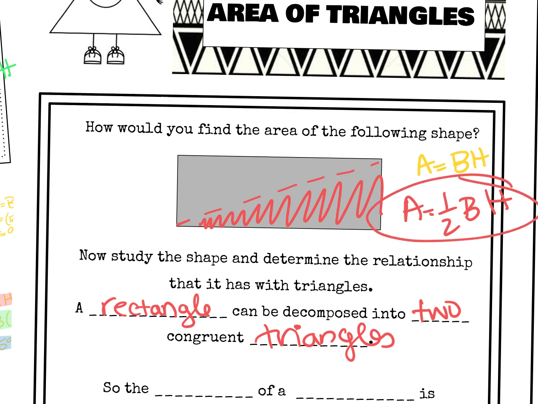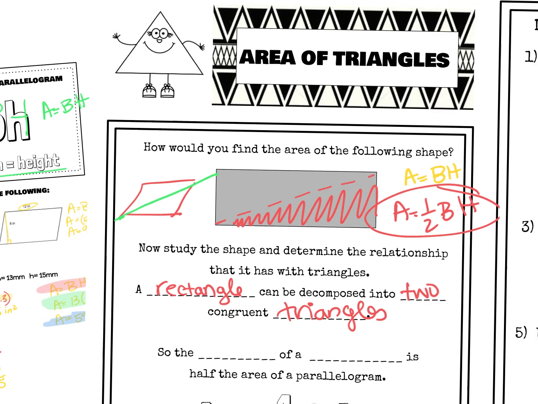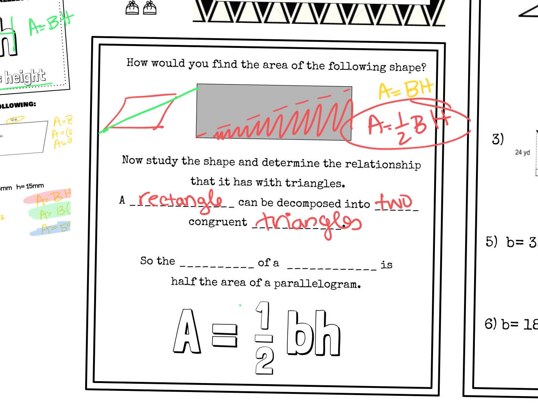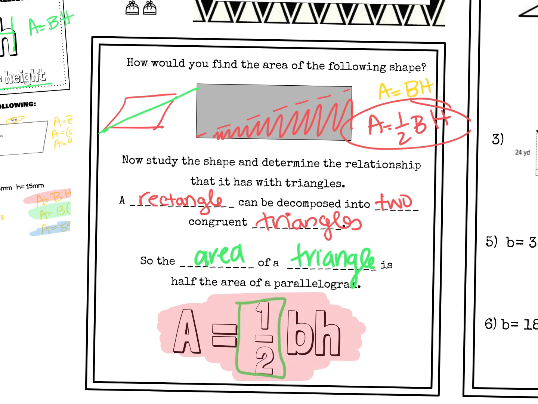If you take any rectangle and split it in half, or you can also take a parallelogram and split it in half like that, you're going to get a triangle. So that's where the half comes in the formula, right here. So the area of a triangle is half the area of a parallelogram. So the formula is area equals half base times height.